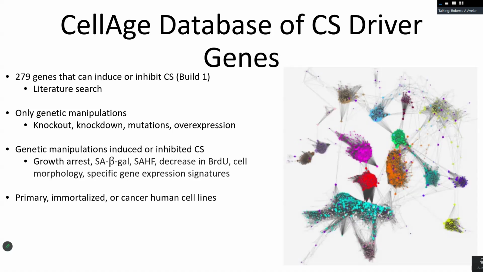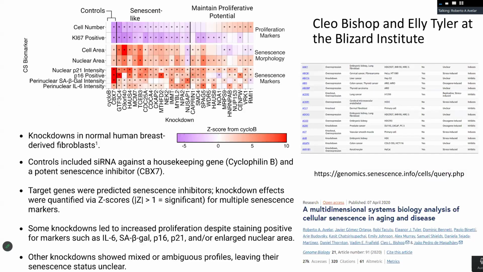So the idea was to try to predict new genes that could inhibit the senescence state. And the idea with a senescence inhibitor is that if you inhibit the gene, the cell will enter senescence. So for example, CBX7 was our positive control.